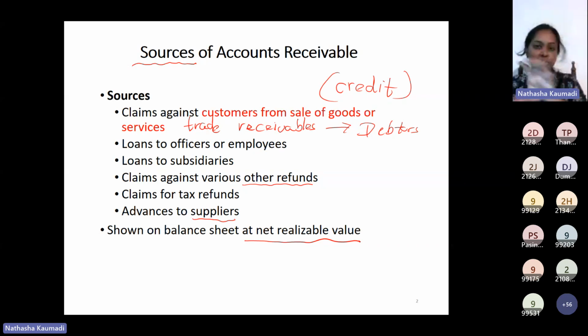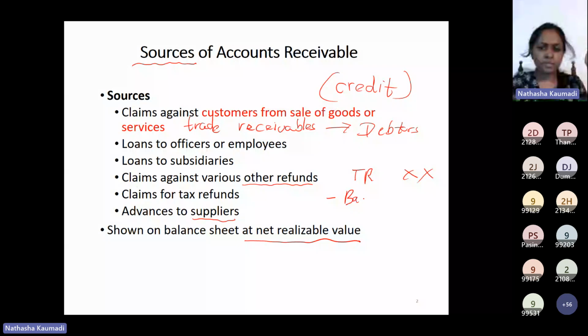So you take the trade receivables balance, and you deduct what? You deduct bad debts. Those are not going to be realized. That amount is not going to be realized. Bad debts, and then allowance for doubtful debts. Likewise, you are going to deduct these figures.